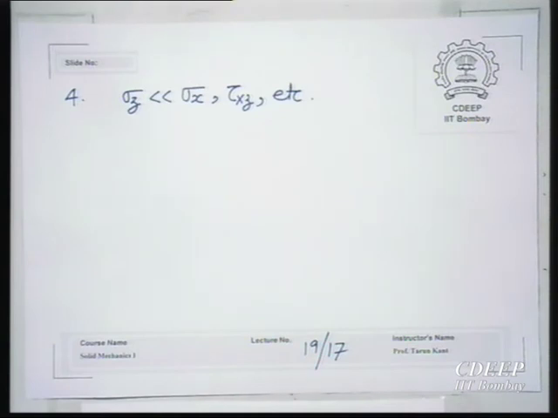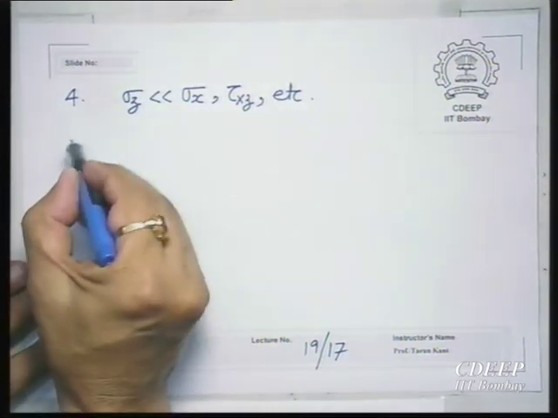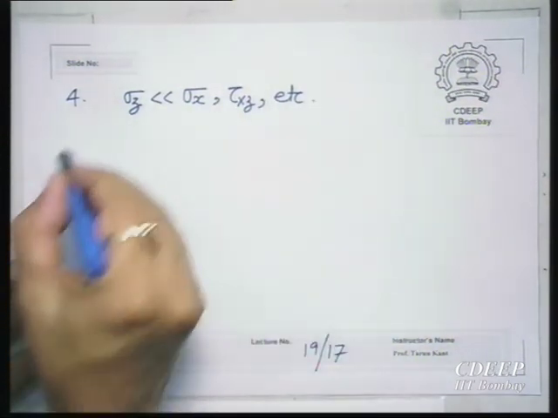This stress component is small. Transverse normal stress is a small component. So this also we have made as an assumption. There is one assumption on which this Euler-Bernoulli beam theory is based, when we go further. So this is also an assumption.